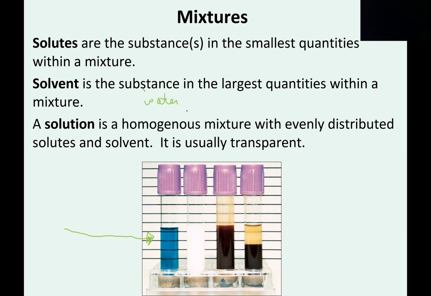The other tubes have heterogeneous mixtures, meaning that they're not evenly distributed. So this white one is what we call a colloid, where you have uneven distribution, but the solutes are small enough that they stay distributed.